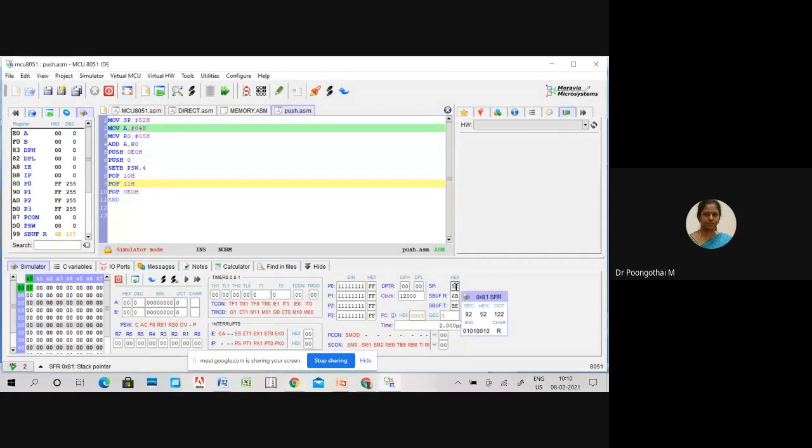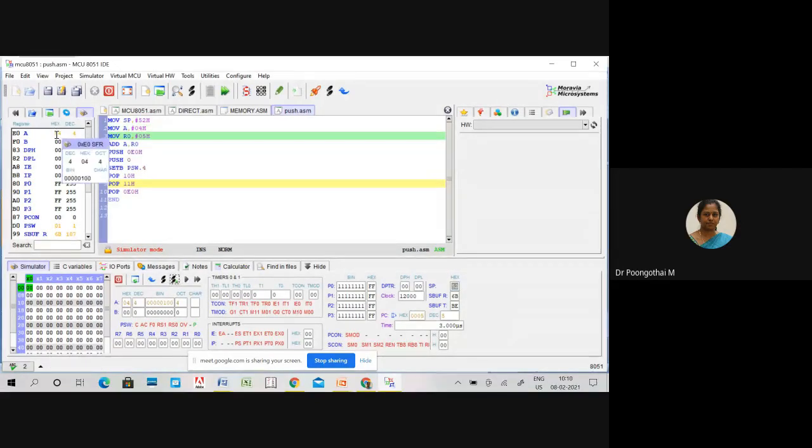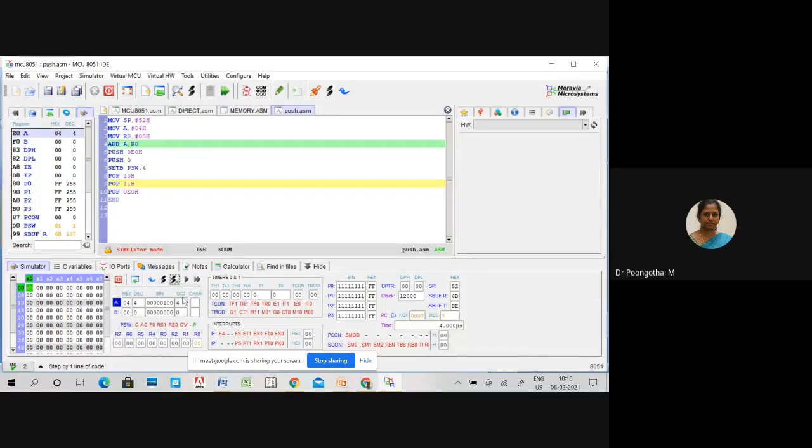Please look here, your stack pointer is now pointing to 52, that is the top of the stack. Next, your accumulator holds 04 after execution of this instruction, and next your R0 is loaded with 05. Next, I am going to add these two. After execution of the add instruction, your accumulator holds 09.